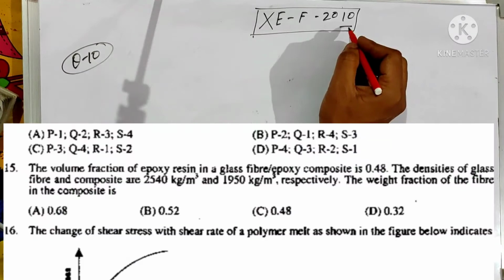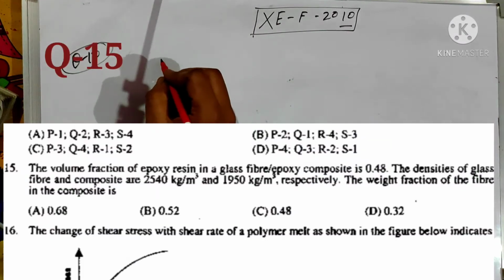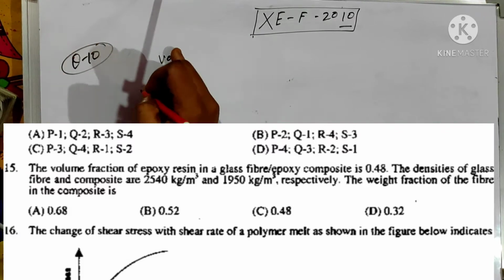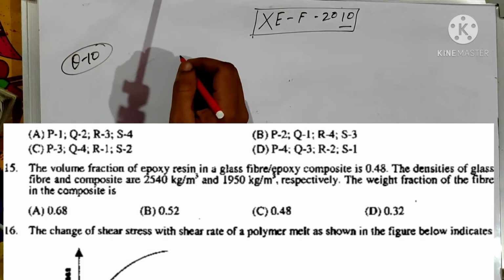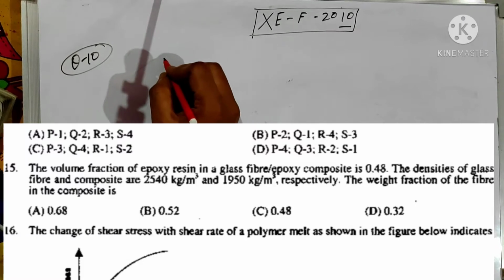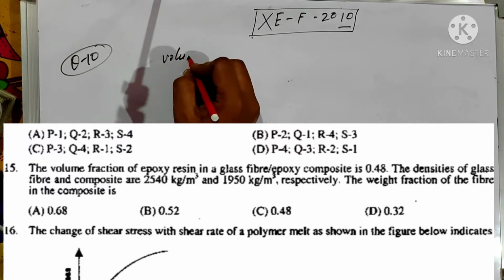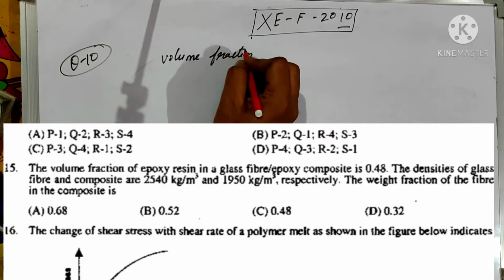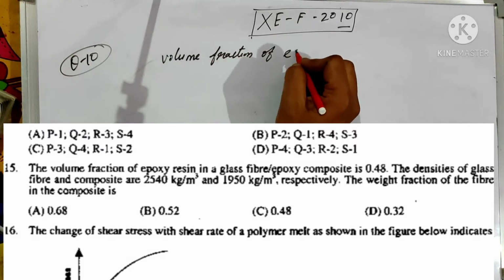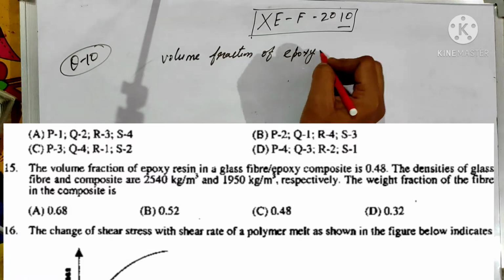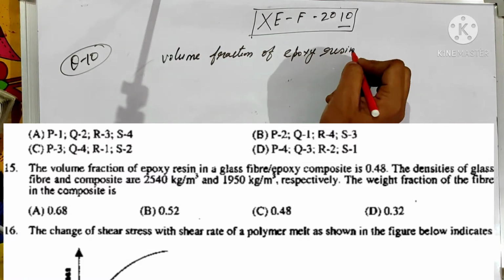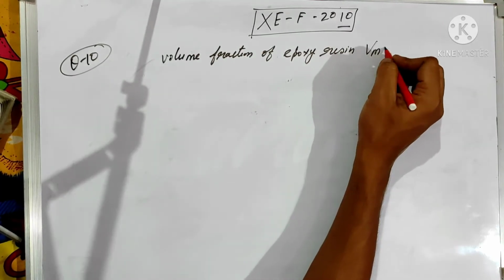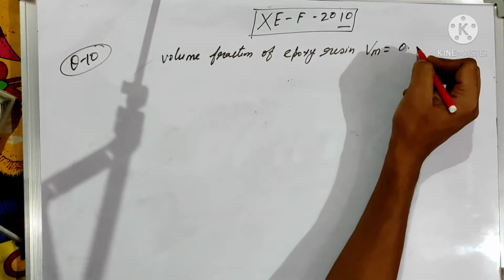Number 10, given that the polymer composite of glass fiber and epoxy, the volume fraction of epoxy resin Vm is 0.48.